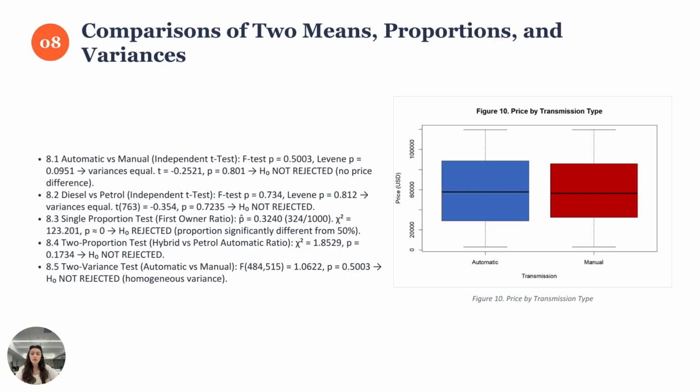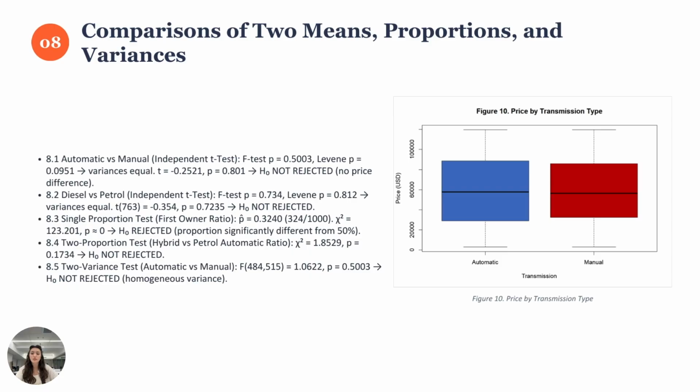One interesting result: only 32.4% of cars have their first owner, significantly different from 50%. So the null hypothesis is rejected there. The hybrid versus petrol automatic ratio showed no differences, p equals 0.1734, and variances were equal between automatic and manual.